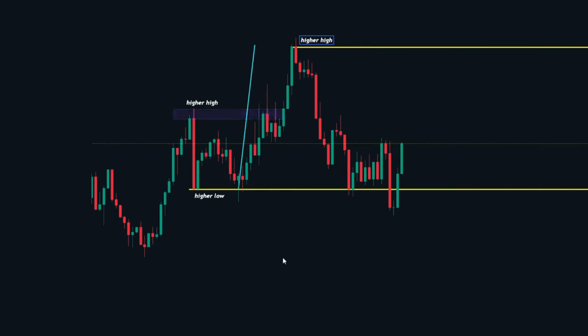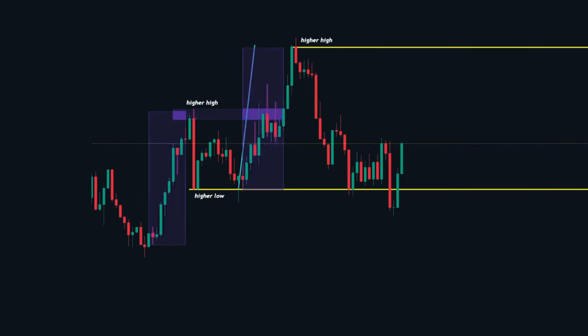So here we can say that buyers are in control. We have our first trend here and second move here. So buyers are in control.